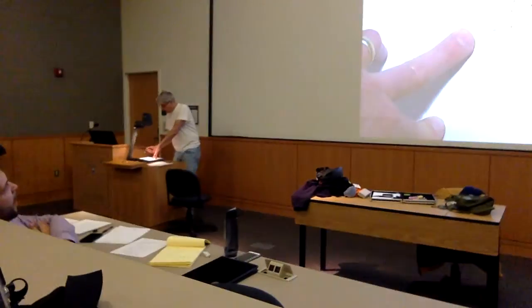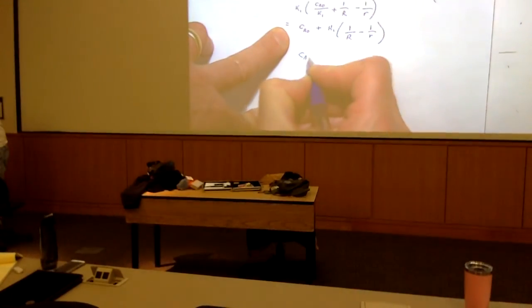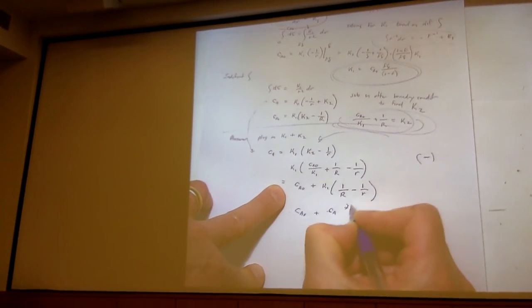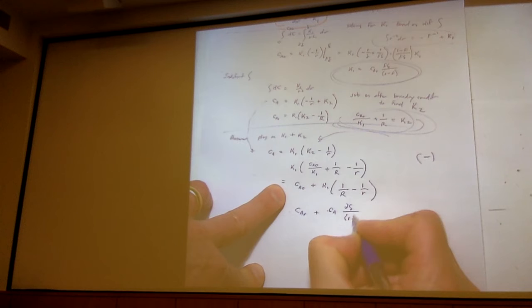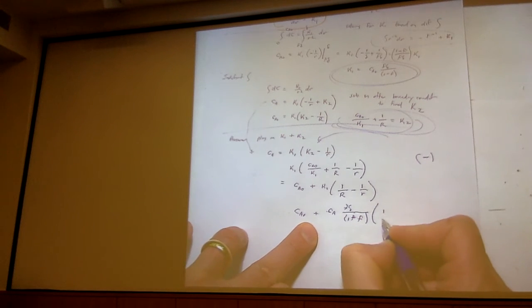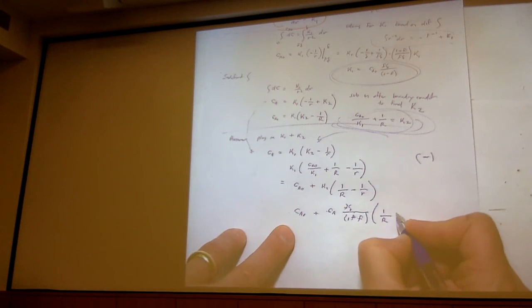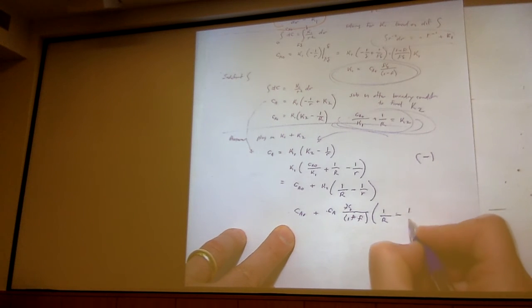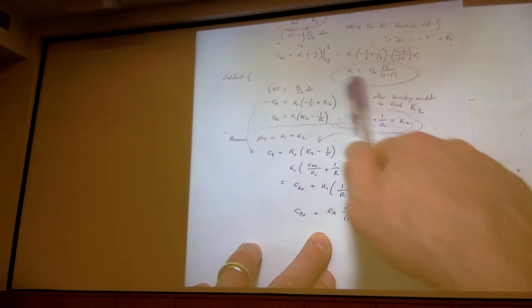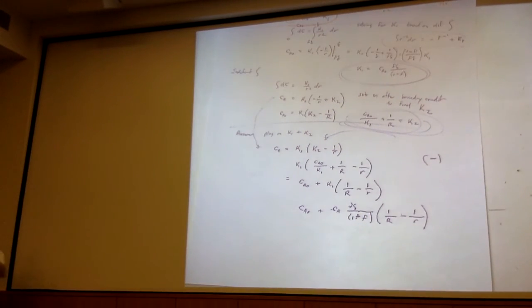And then I take my K1 from up here, which is CA0 over 1 minus F times 1 over R. I feel like I lost an R somewhere. It's looking good. You get the idea.